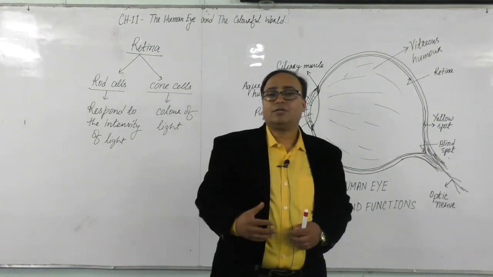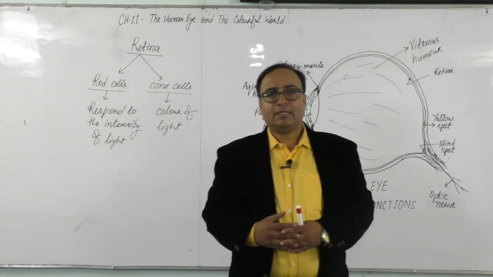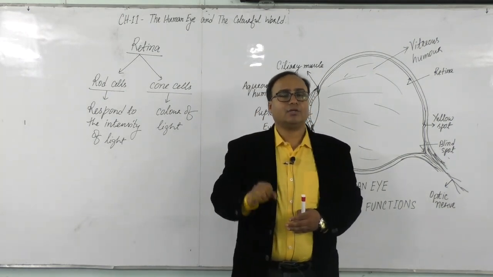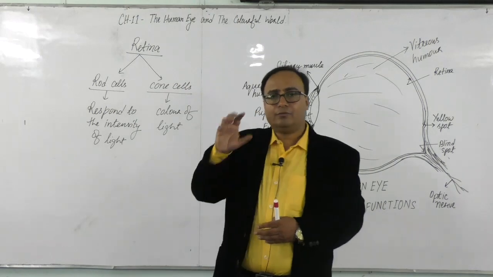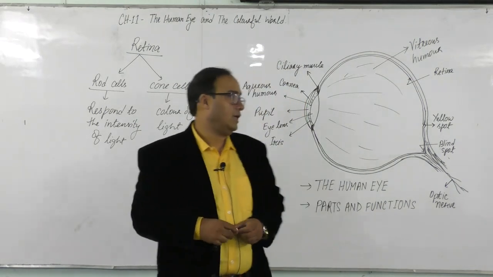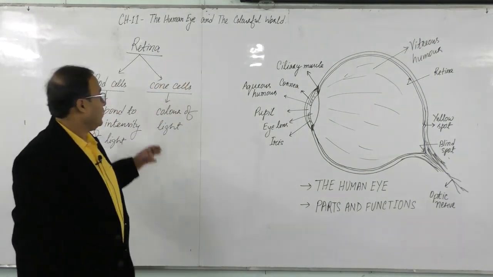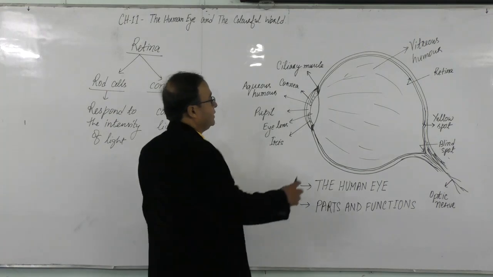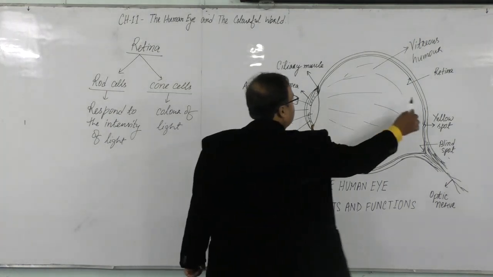Now similar to camera, in our eye there is eyelid. Eyelid acts as shutter of the camera. So when we close the eyelid, no light enters into our eye. So what is understood here, we discussed about different structures. Now if you look at here, this is the eye lens, this is the retina.